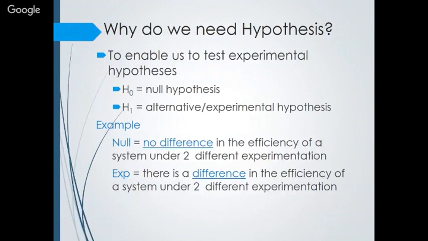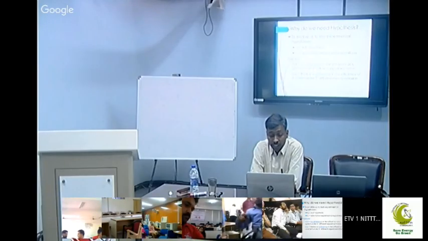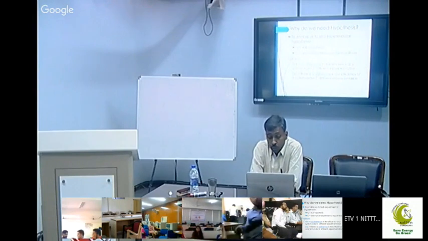So we have a null hypothesis: no difference in the efficiency of a system under two different experimental conditions. Suppose we tested one machine under two different experimental conditions, we got some data, and we have to test whether there is any difference. That is our test. In the null hypothesis, we assume there is no difference in efficiency of a system under two experimental conditions.